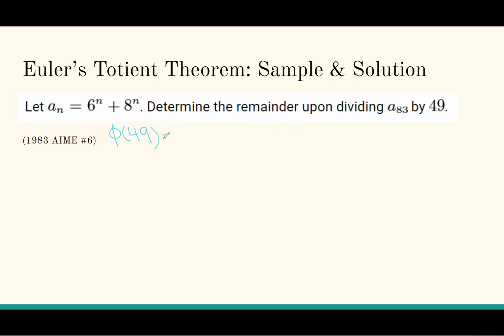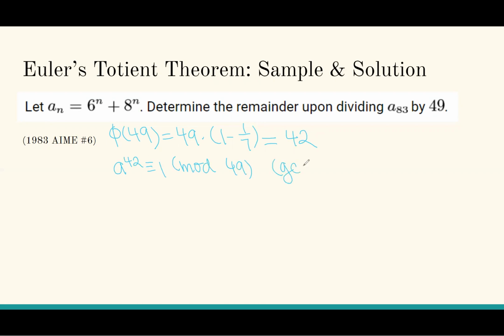So the totient function of 49 is equal to 49 times 1 minus 1 over 7, since 7 is the only prime factor. So this is equal to 6/7 of 49, which is 42. Now by Euler's Totient theorem, for all a relatively prime to 49, a to the 42nd power is equivalent to 1 in modulo 49.